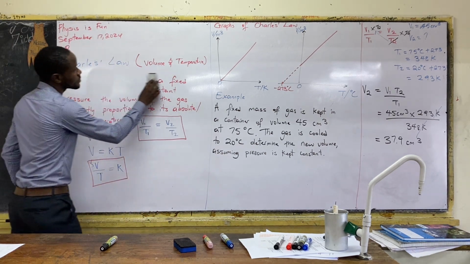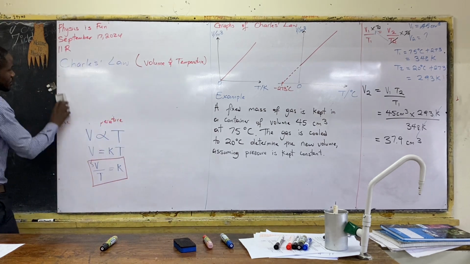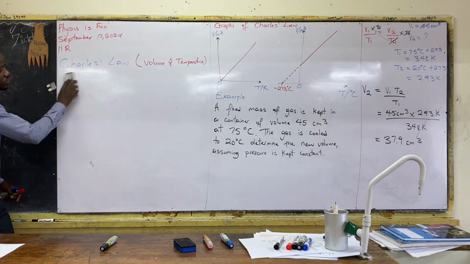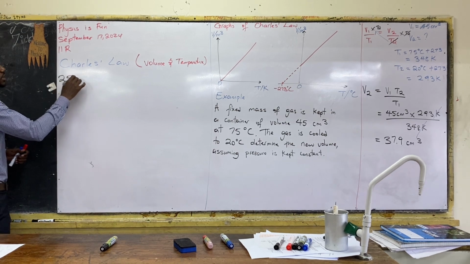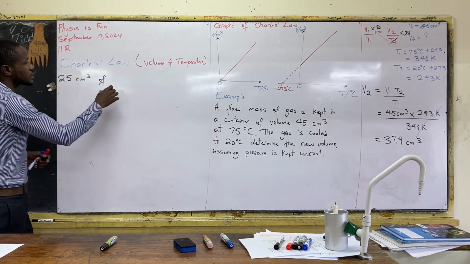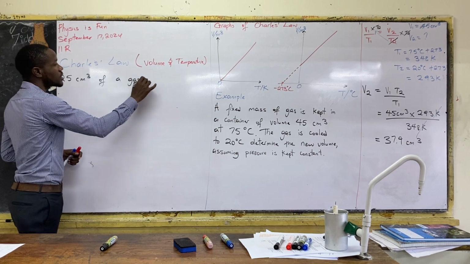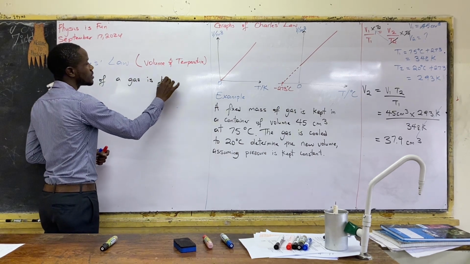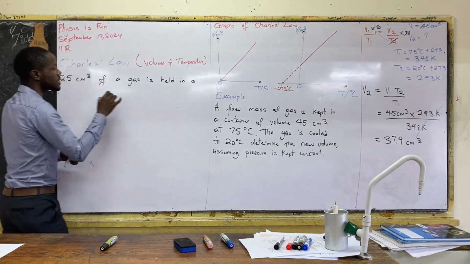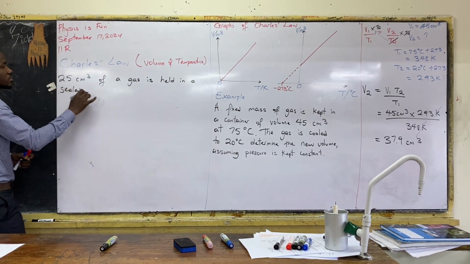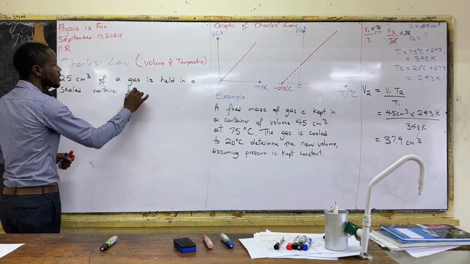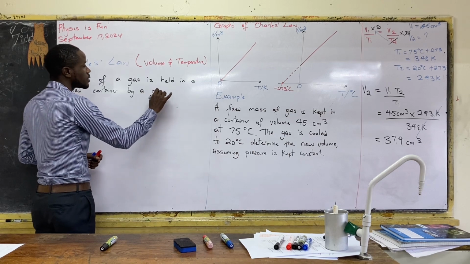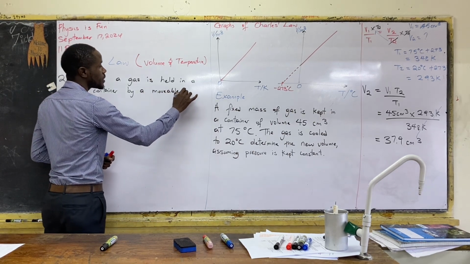So let's do this. Let's say another example. Let's say 25 cm cube of a gas is held in a sealed container by a movable lid.